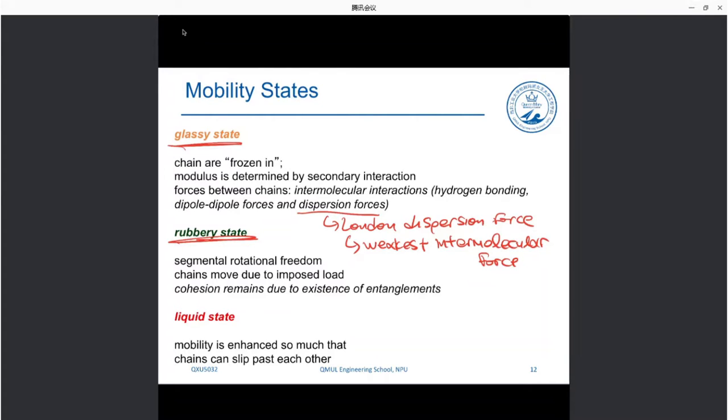There is a vibration between the chains, so that is why we have cohesion. And finally, when we provide even more thermal energy, there is enough energy for the chains to move freely and then disentangle from each other. The mobility between the chains is enhanced so much that the chains slip past each other.